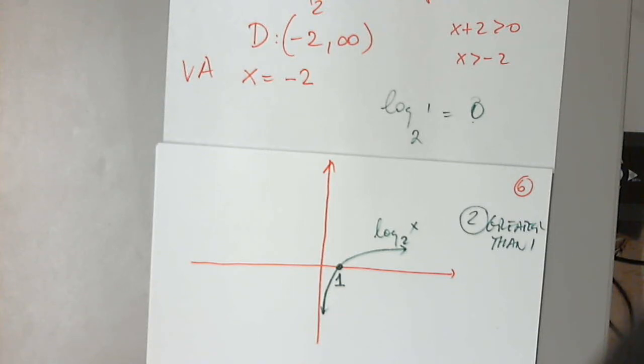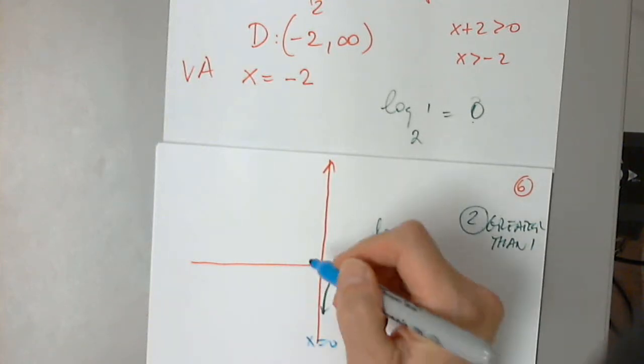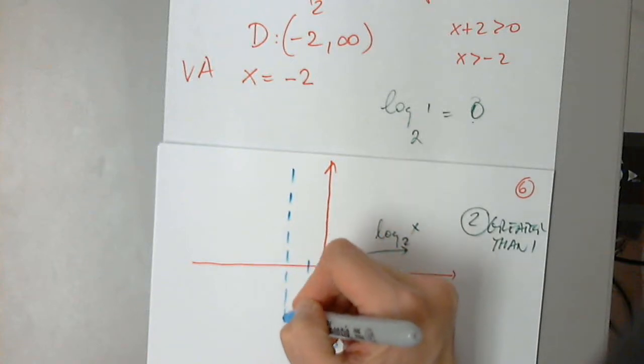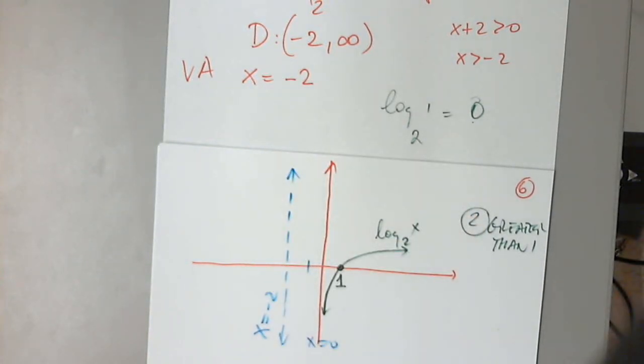Now you said you have to shift 2 to the left, but this function has a vertical asymptote at x equals 0. I must shift the asymptote first. I cannot graph the function before I shift the vertical asymptote. Initially it was at x equals 0, now it has to be at x equals -2 because the whole thing shifts 2 units to your left. So this point will go to (-1, 0), and then I shift the entire graph.